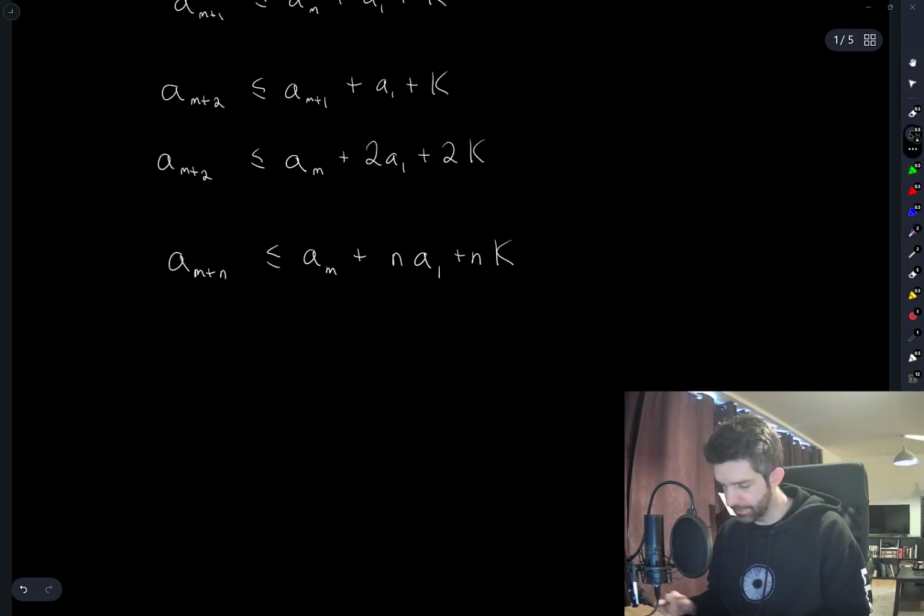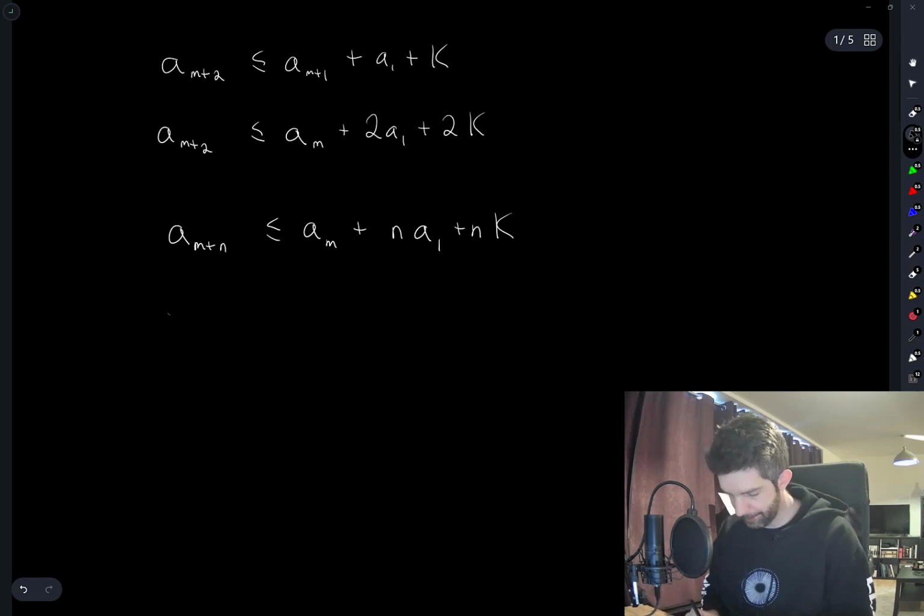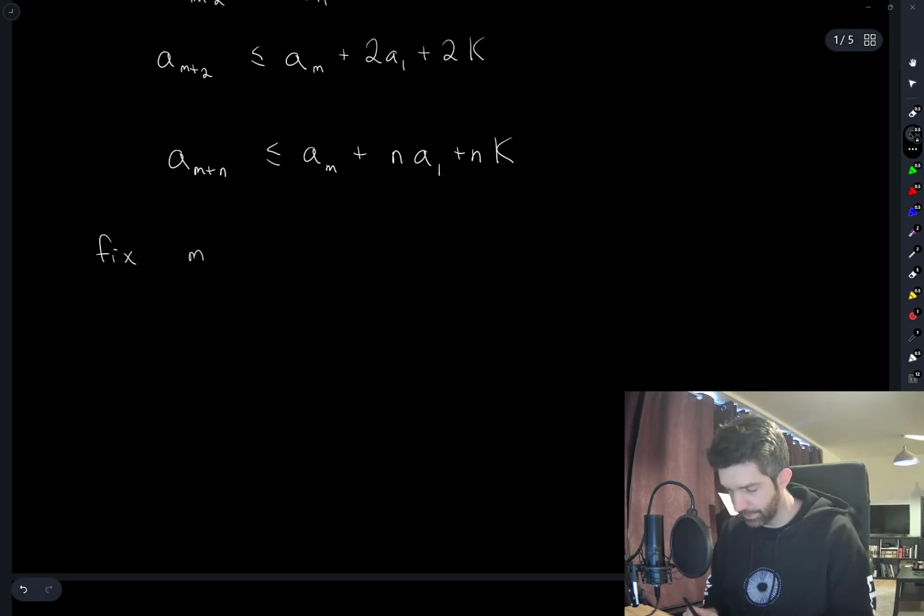Okay, so fix m. In fact, let's let m be equal to 1. So now I have a_{n+1} is less than or equal to a_1 plus n a_1 plus n k.